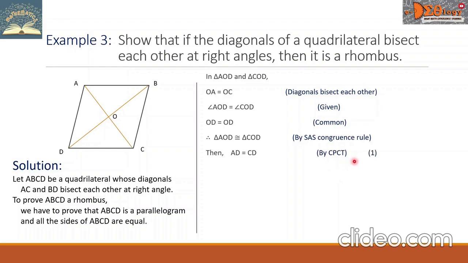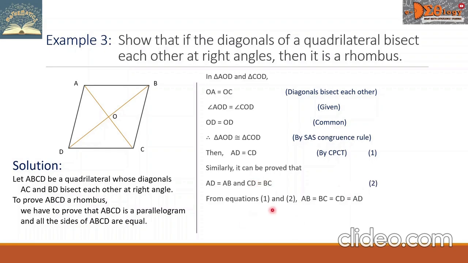This is equation 1. Similarly, it can be proved that AD equals AB and CD equals BC. Let this be equation 2. From equations 1 and 2, we combine them and we conclude that AB equals BC equals CD equals AD.